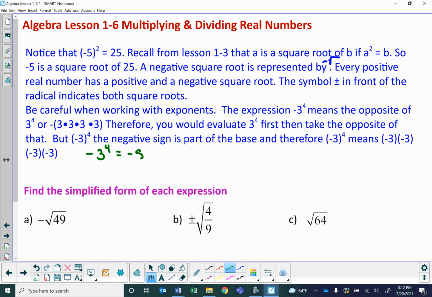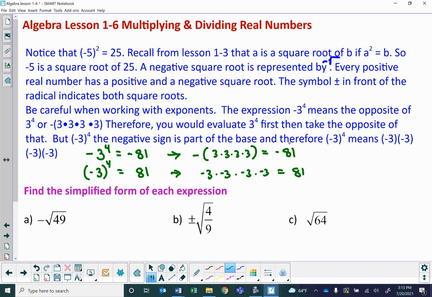Here you're going to have negative 3 times 3 times 3 times 3, which is 9 times 9. And here you're going to have negative 3 times negative 3 times negative 3 times negative 3. We have 4 negative signs, so this becomes positive 81, and the other becomes negative 81.